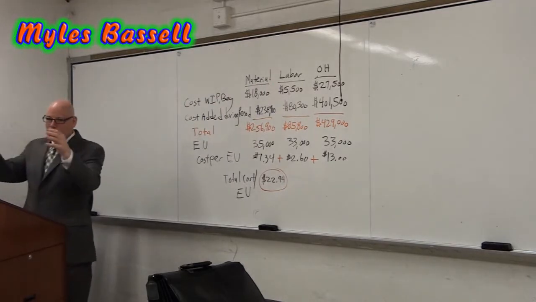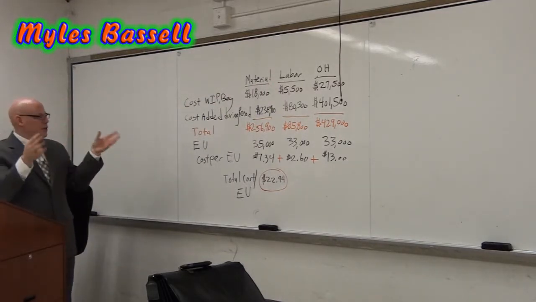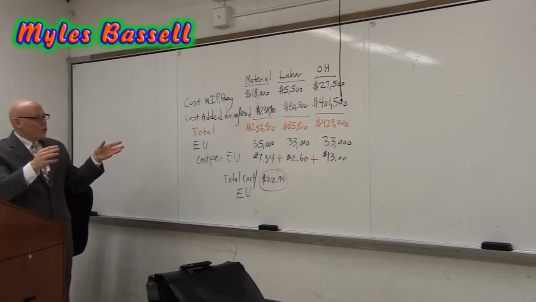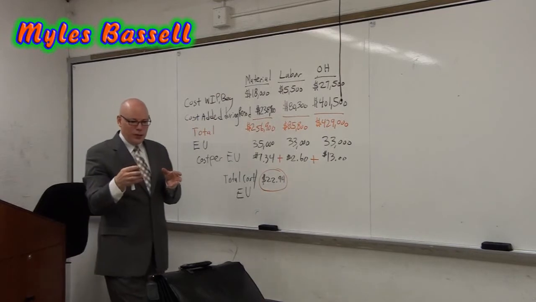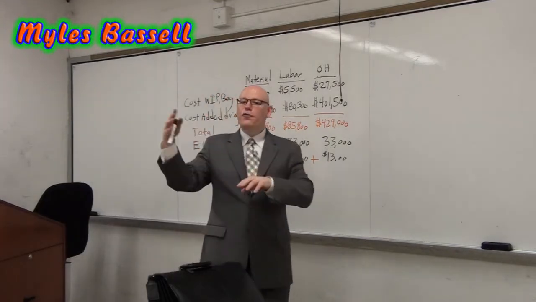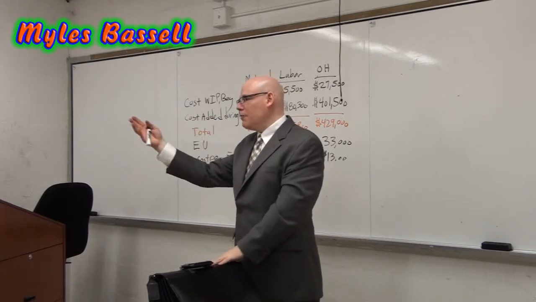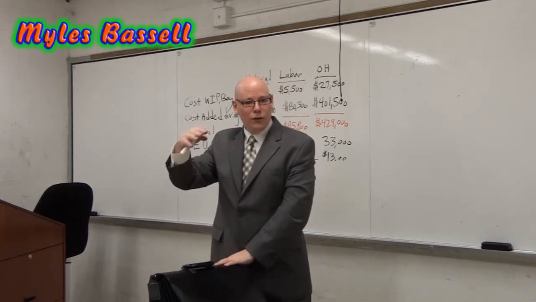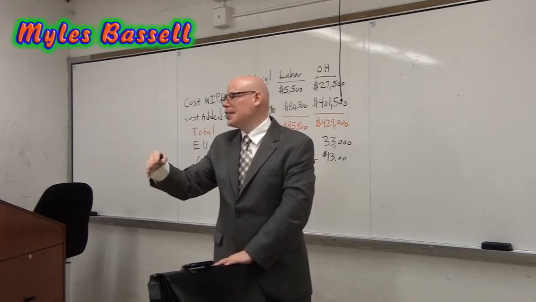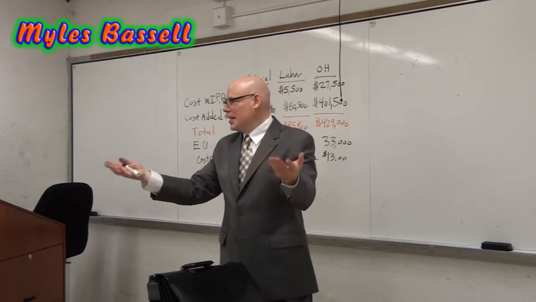Because what we're trying to pull apart is the fact that during the period, we're going to take a certain amount of material and we're going to try to convert that into finished goods. But in any given period, some of it will be finished, and then some will be left over when the period ends.